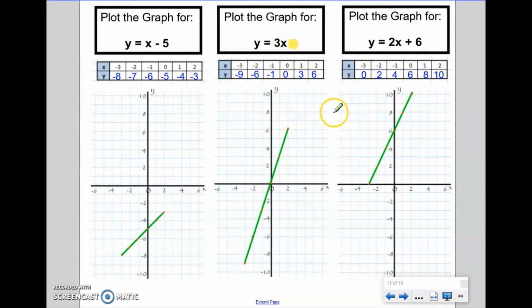I just want you to have a think about how you think that corresponds in this graph. What relationship does having nothing here have with the green straight line that we've just drawn here? You may want to have a little think about that before we move on to the next slide.